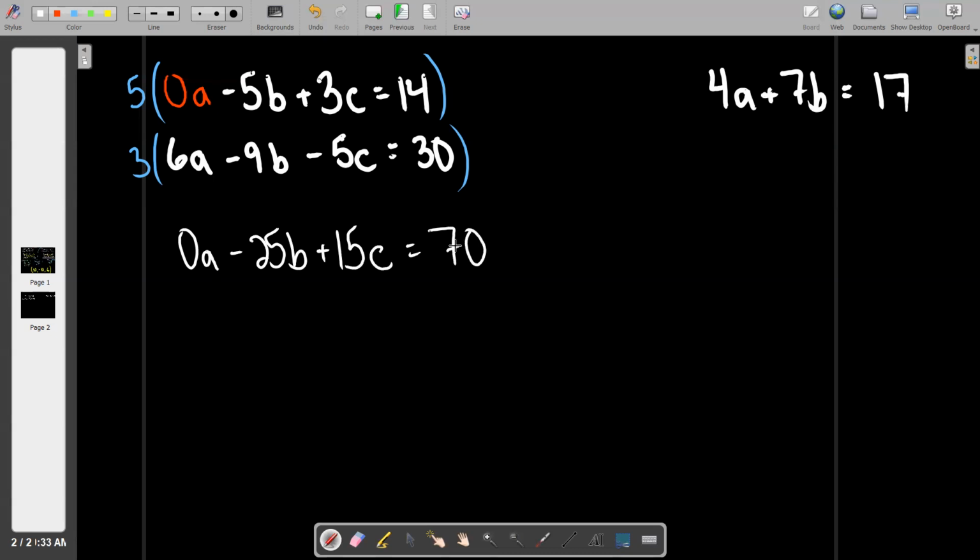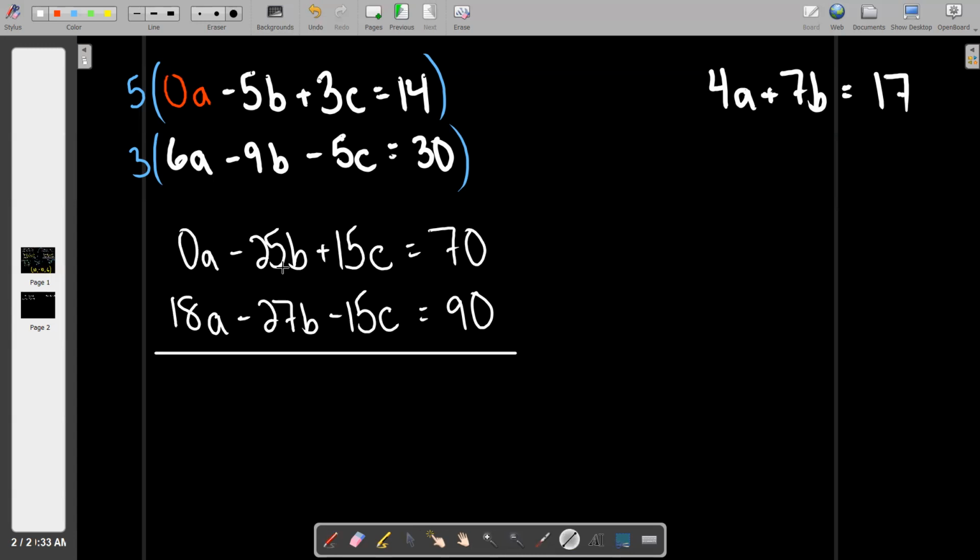Still good? Okay, and then on the bottom equation, I'm going to multiply by 3, and I'm going to get 18 of those. I'm going to get minus 27 of those. I'm going to get minus 15 of those, and 90 of those. Now, when I add these equations together, something good is going to happen.